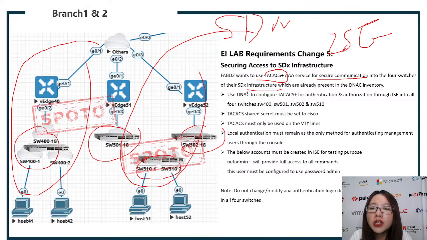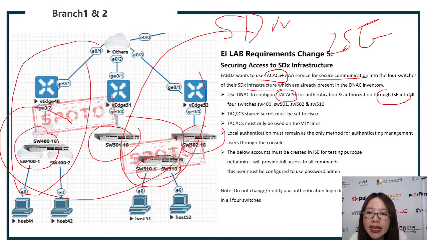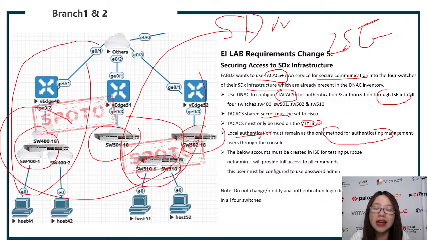First, we should use DNA Center to configure TACACS+ for authentication and authorization through ISE into all 4 switches. Second, the TACACS+ shared secret must be set to Cisco. TACACS+ must only be used on the virtual lines. Local authentication must remain as the only method for authenticating management users through the console.